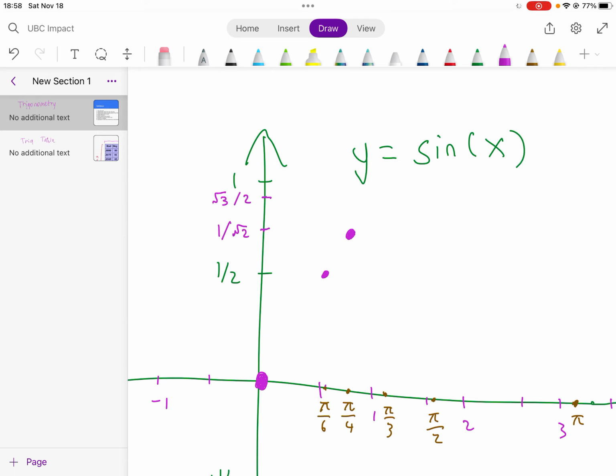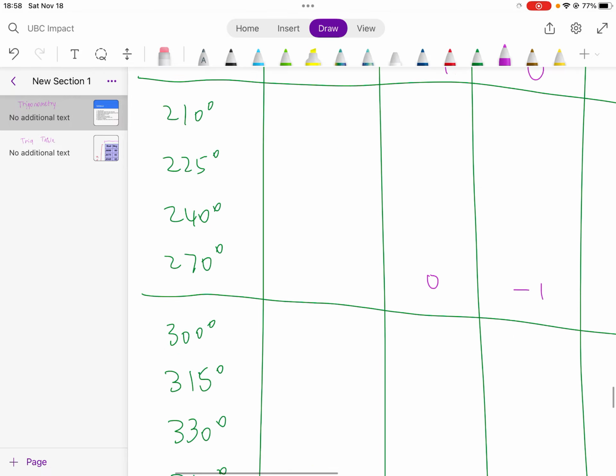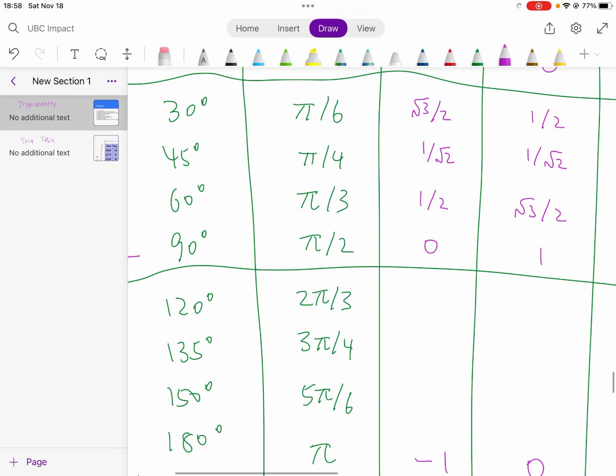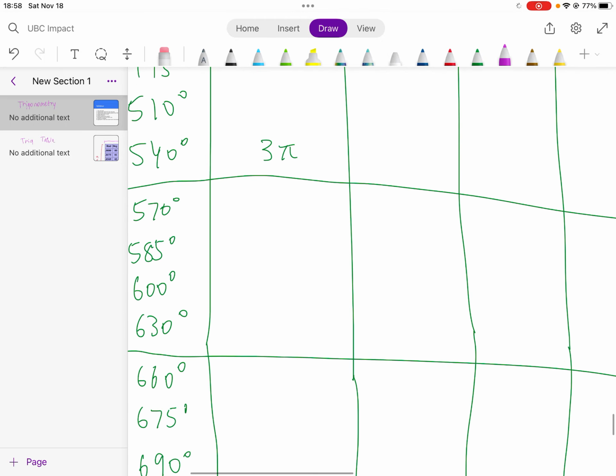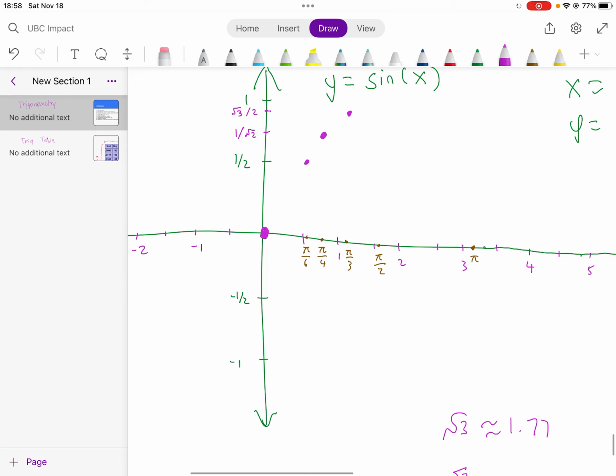Okay, so then we connect this line to the pi over 3 line, and we end up with this point. And then finally, we're going to look at 90 degrees, and it says it's 1. So 90 degrees is, of course, pi over 2 radians. So if we go up here, we connect that with 1. So we get this point right here.